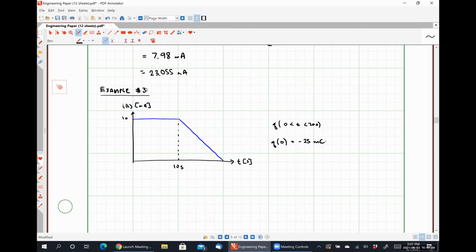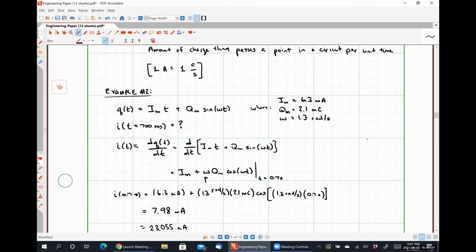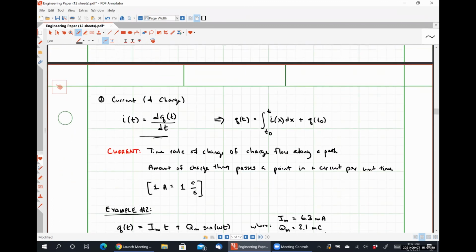So the first question I want you guys to answer is, should I use the first equation or the second equation that we've developed in this section? So do we use this guy or this guy? Let's see what chat's saying. The integration one, absolutely correct.